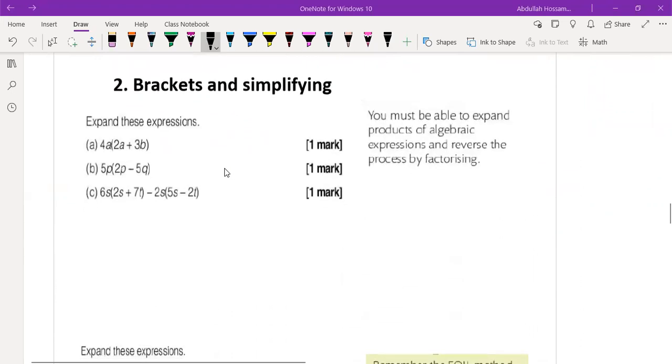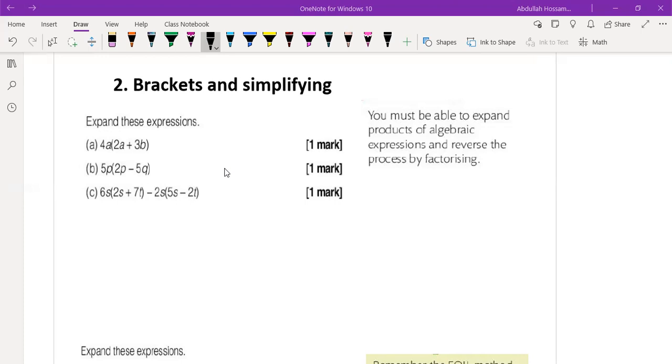Here, for brackets and simplifying, expand these expressions. So in IGCSE, you must be able to expand products of algebraic expressions and reverse the process by factorizing.